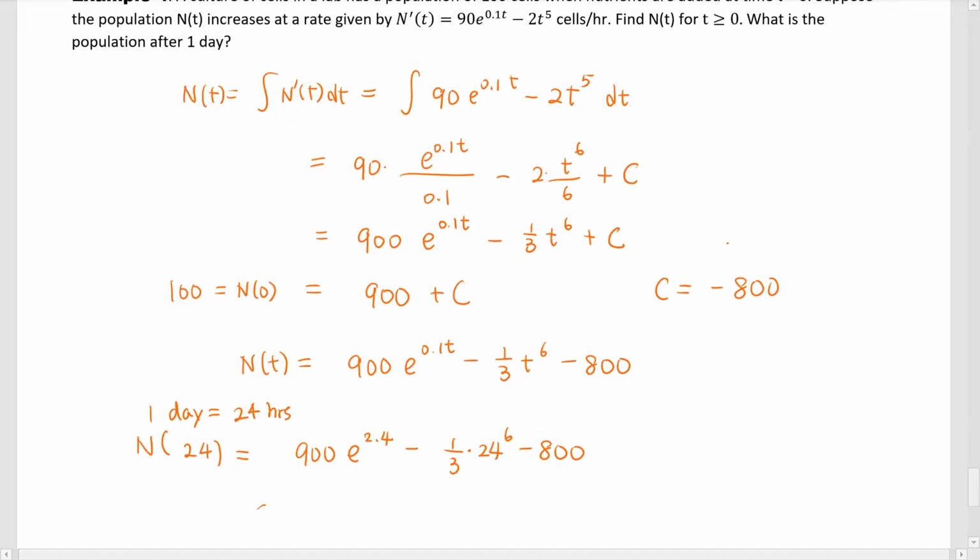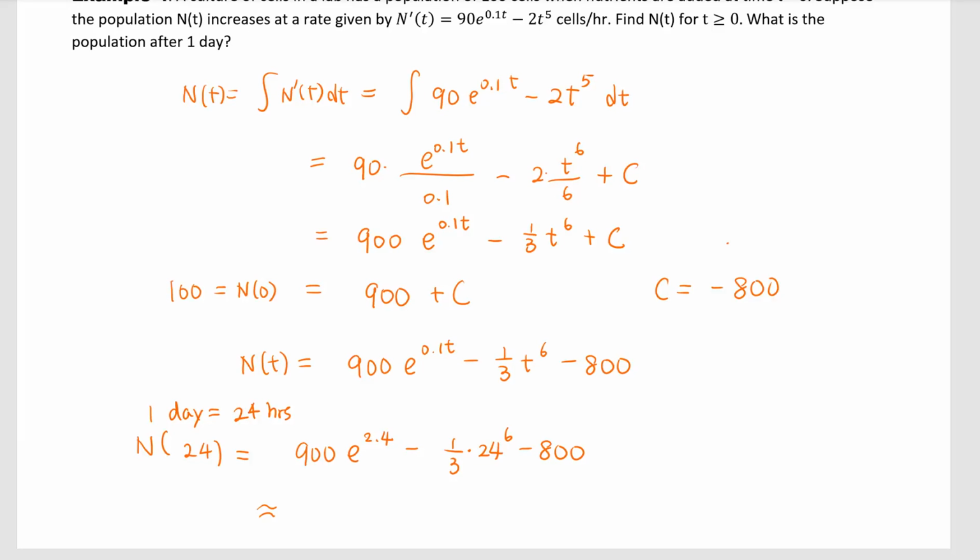Okay, of course, this one we can plug it in our calculator. I won't ask you to calculate by hand, okay? So let's plug in e to the 2.4 minus 24 to the 6 divided by 3 minus 800. Oops.